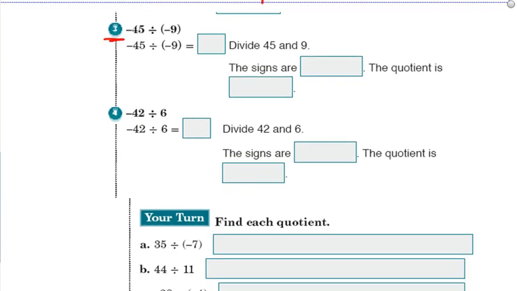Number 3, we have two negatives. Since the signs are the same, we know it's going to be positive. We divide 45 and 9, we get 5. The signs are the same, so the quotient is positive.